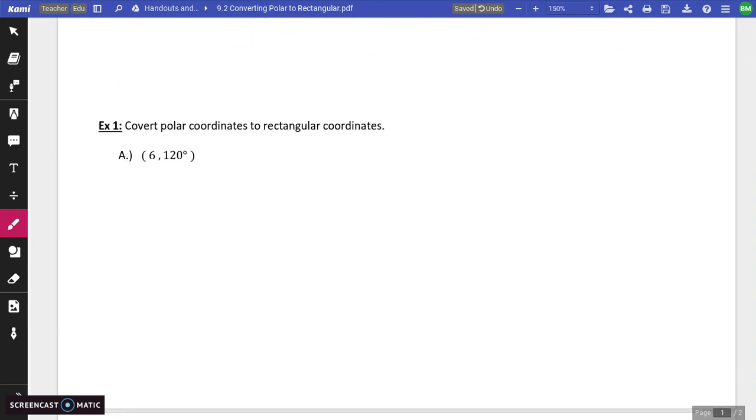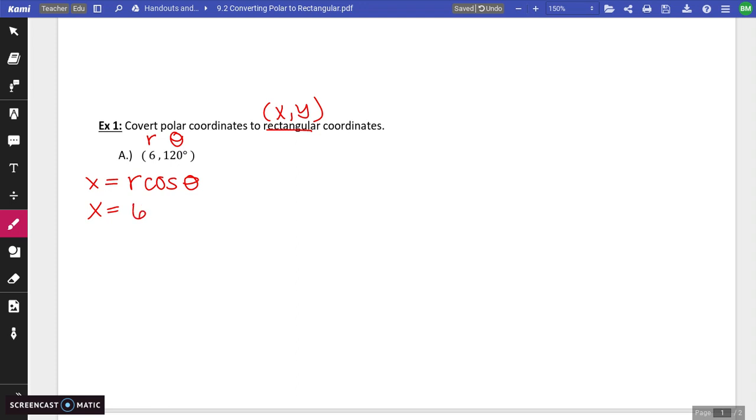If I want to convert this polar point to rectangular, in polar, this is r and theta. I know from our work above that the x coordinate I want in rectangular equals r times the cosine of theta. I have r and I have theta, so let's plug those in.